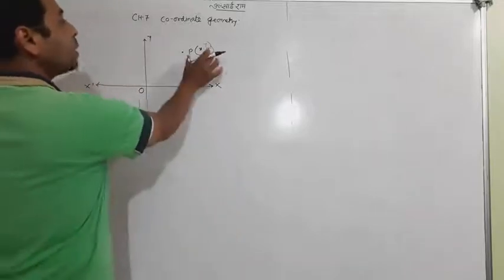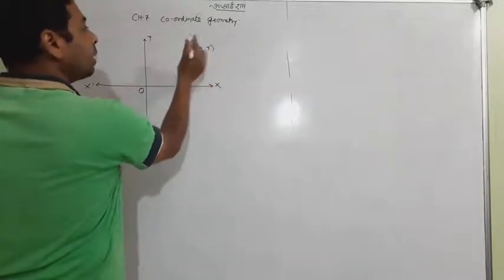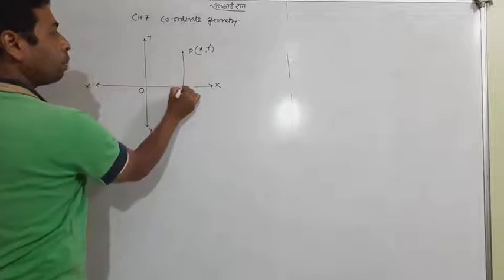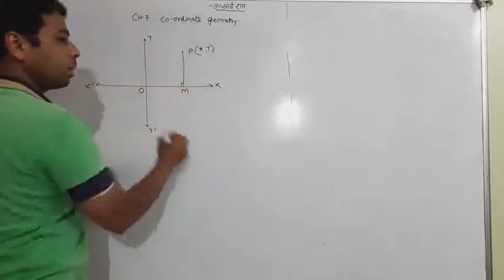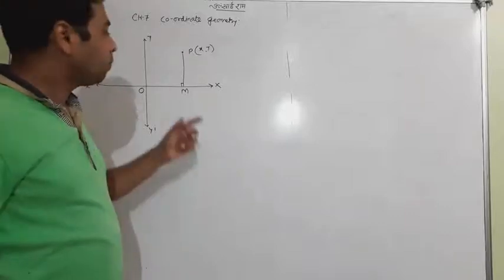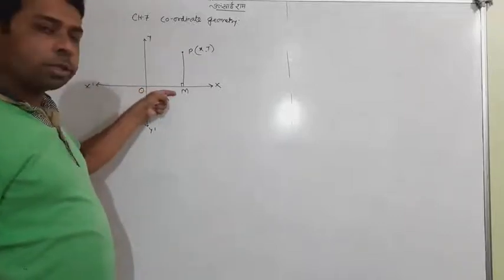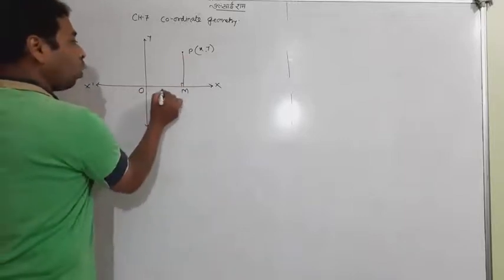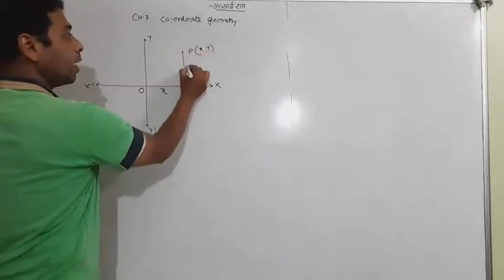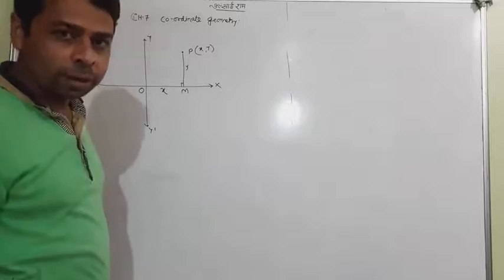Suppose it is x and it is y. If I draw the perpendicular on the x-axis, two distances are created: a horizontal distance and a vertical distance. The horizontal distance is always equal to the x coordinate, and the vertical distance is the y coordinate.